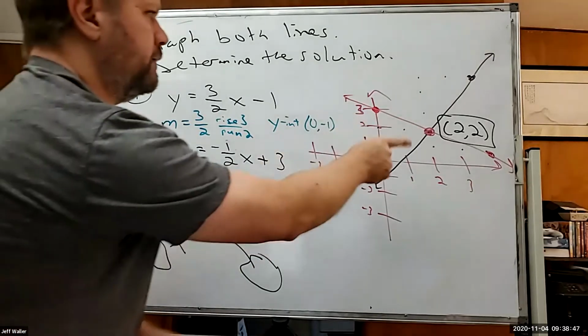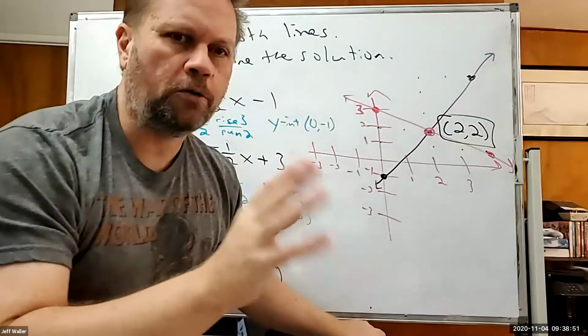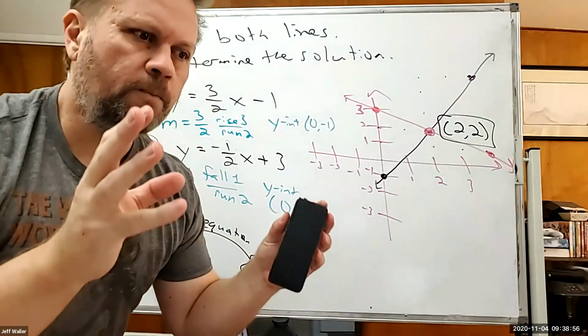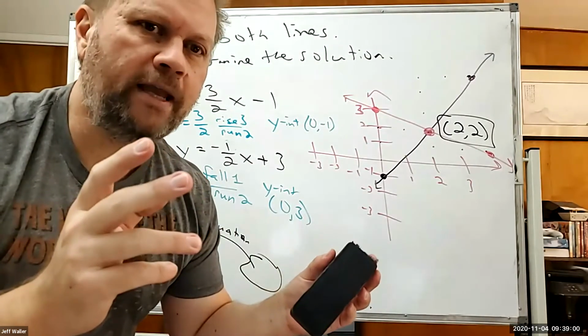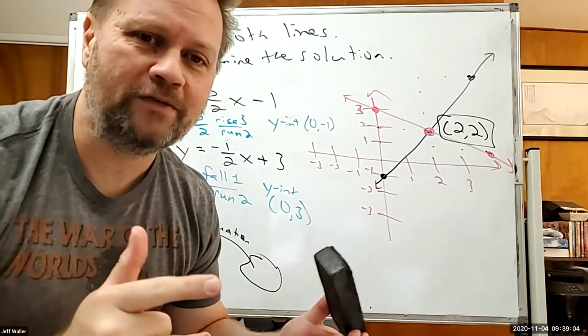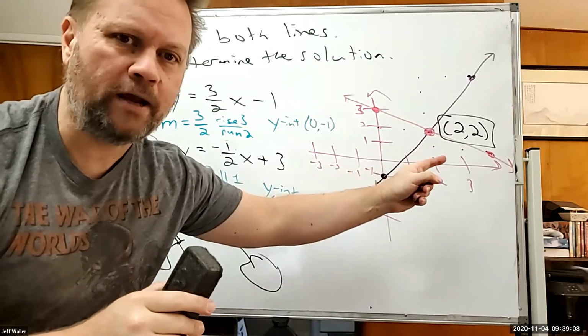Why was this answer easy to get graphically? Because the answer was whole numbers. What if I had a system of equations where the answer was something like 1.9837, comma, 2.0764? Am I going to get that from a handmade graph?